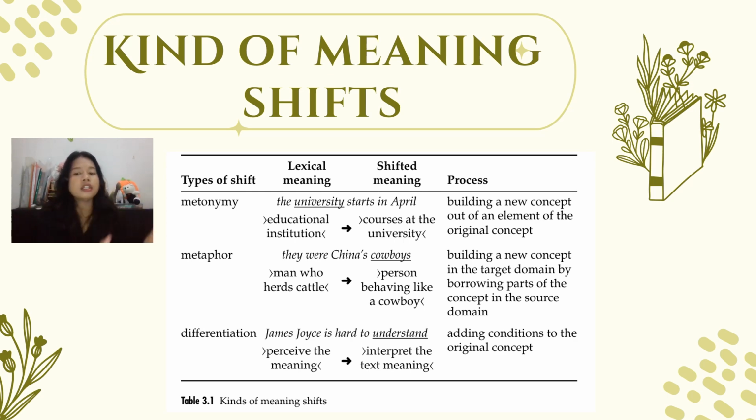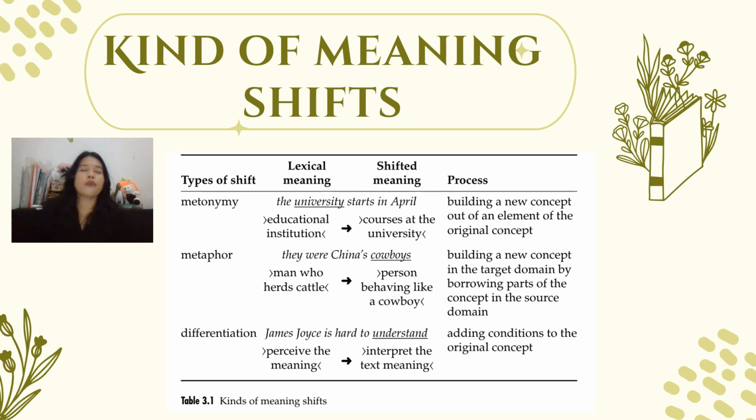So it's not the building anymore, but the courses at the university. The process is building a new concept out of an element of the original concept. The original concept is the educational institution, and through metonymy the meaning shifts to the courses, resulting in a new concept out of an element of the original concept.